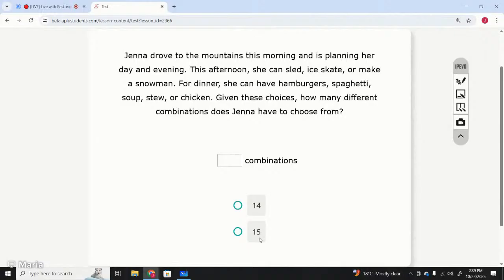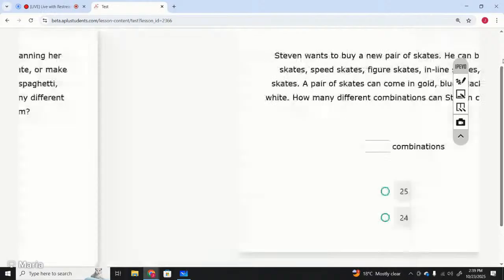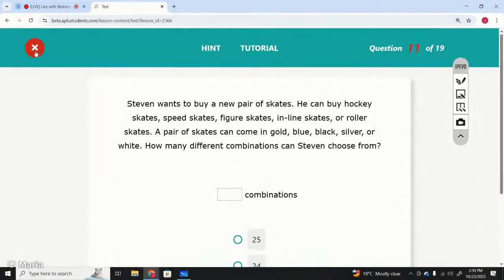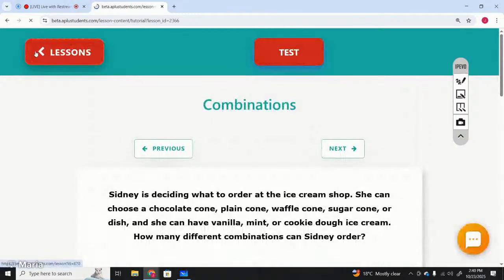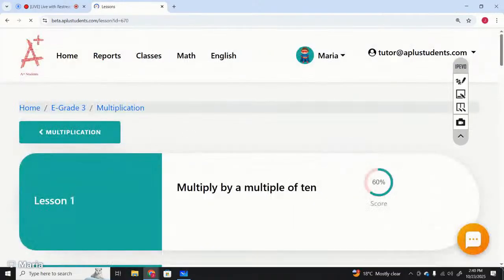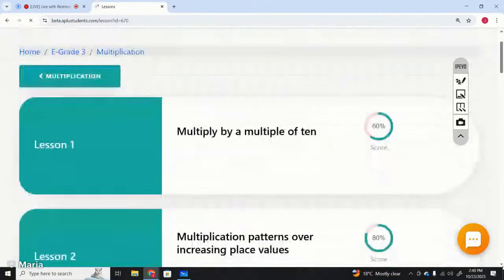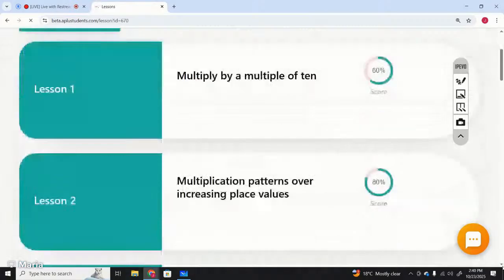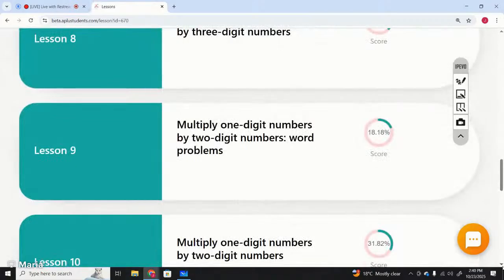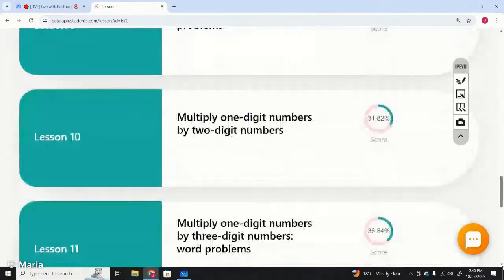Okay, you can complete the lesson by yourself later today. So, we were working on the grade 3 math chapter. We were working on application. The lessons we have covered today are multiply a two-digit number and a one-digit number.